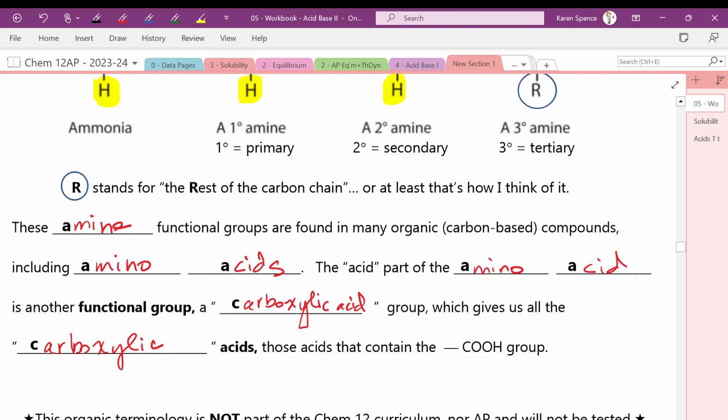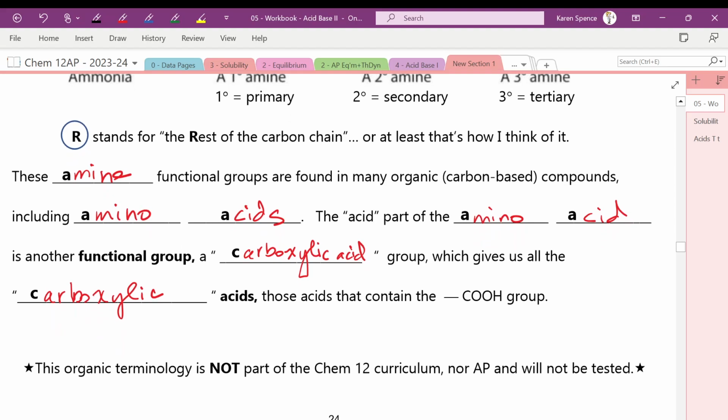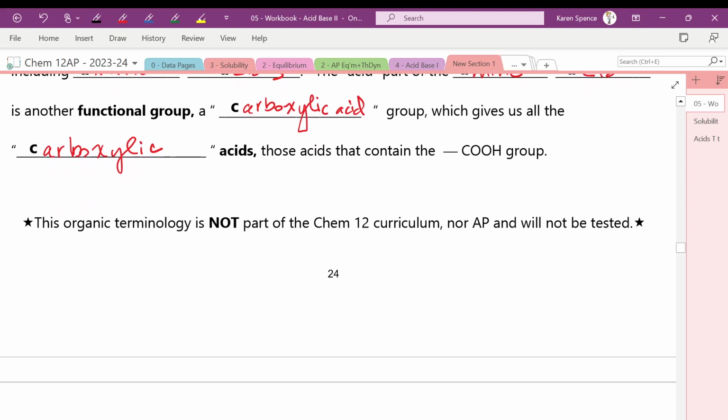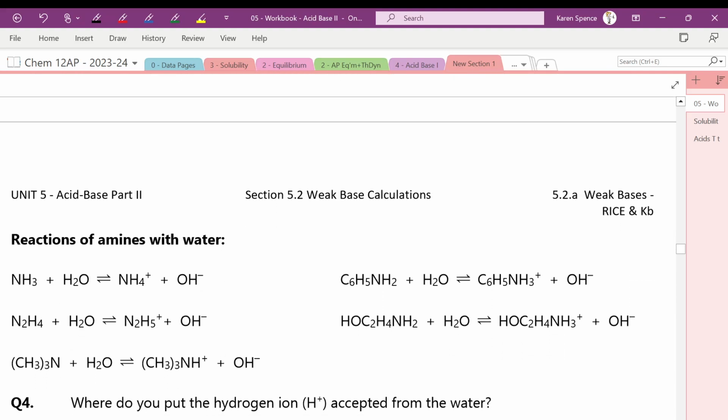This organic terminology is not part of the Chemistry 12 curriculum, nor the AP, and it will not be tested. However, if you're taking biology and things like that, it's kind of useful, and you'll be taking organic at some point. So having seen this terminology will make it a little less frightening.